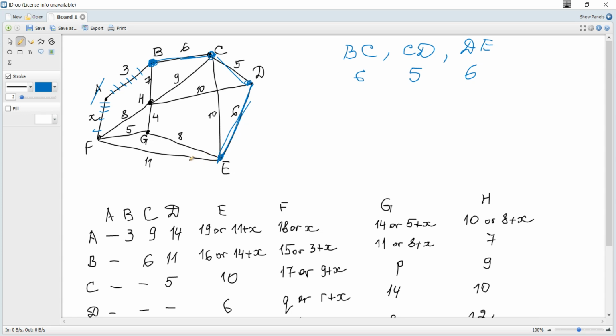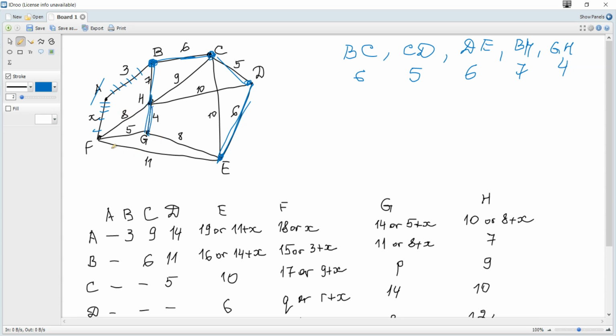Then you can see it's BH, 7. Then definitely G can be connected to H, so GH and 4.